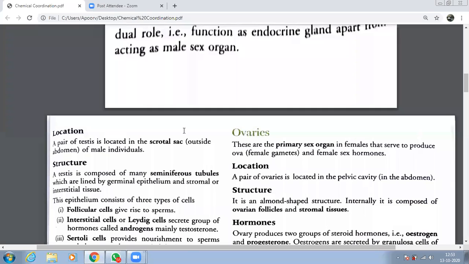Epididymis, urethra, seminal vesicles, prostate glands. What does it mean that it stimulates spermatogenesis? It starts formation of sperms.